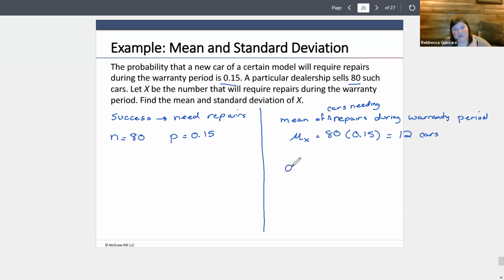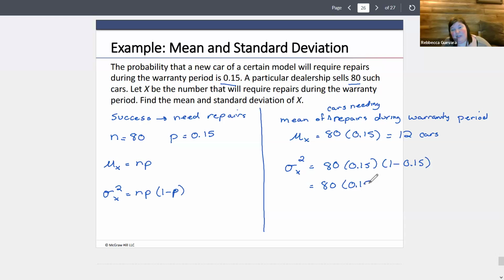The standard deviation is going to be the 80. Let me write this again over here. That's going to be that 80 times the 0.15, and then we're going to have 1 minus the 0.15, so the times this doesn't happen.